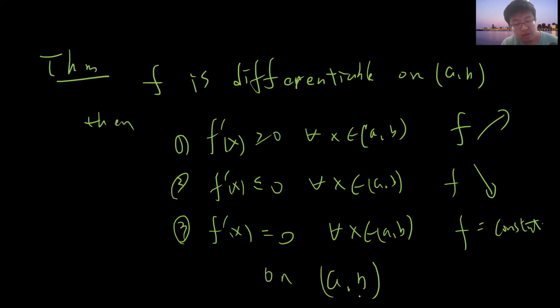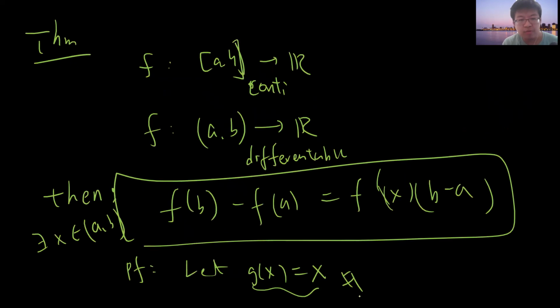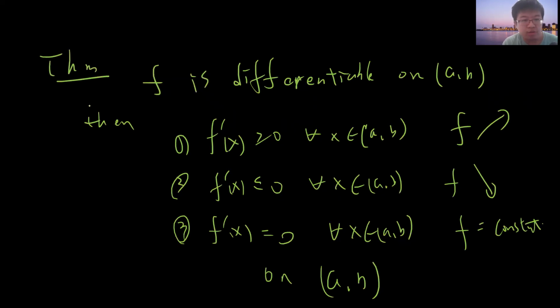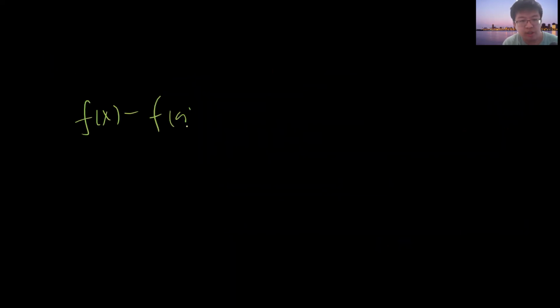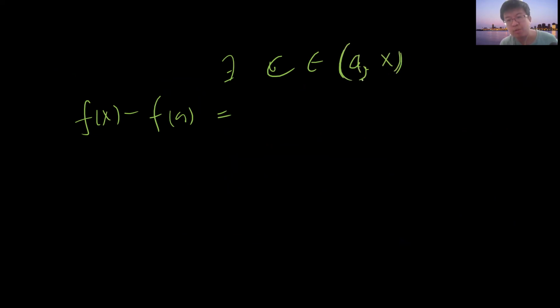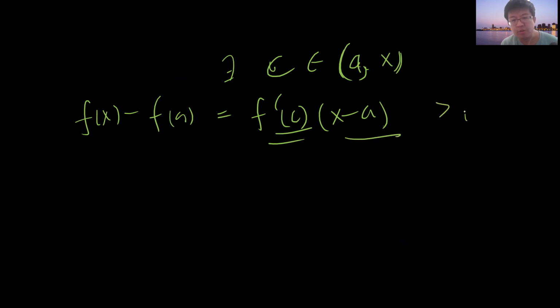The proof is just one line. You know f of x minus f of a equals f prime of c times (x minus a), for some c in the open interval (a, x). So if the derivative is larger than or equal to 0, then this is greater or equal to 0, so f is increasing. If f prime is always negative, then this is less than or equal to 0.